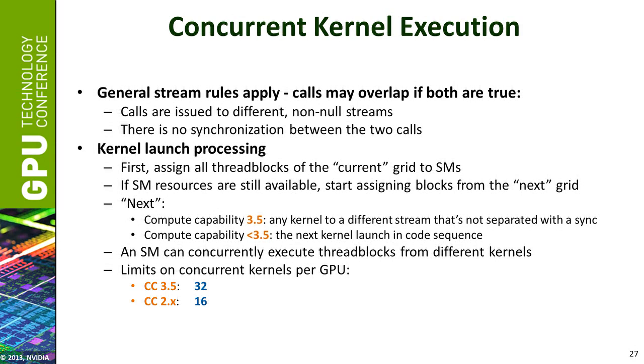Now, once you look at the current kernel launch and have assigned all its thread blocks, some SMs may still have resources available. If that's the case, the hardware will look at other kernels that are eligible to execute from other streams. If there are, it will start assigning the next grid launch's thread blocks to the SMs that have resources, and start backfilling them.